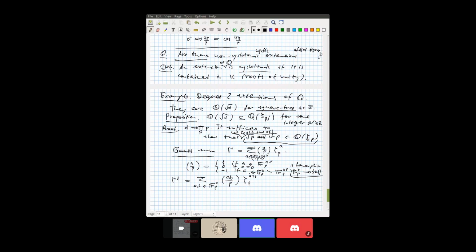This is convenient because you can then remove the invertibility condition, so you can sum over all elements of your finite field. So we can remove this condition, and now we can change our indices.